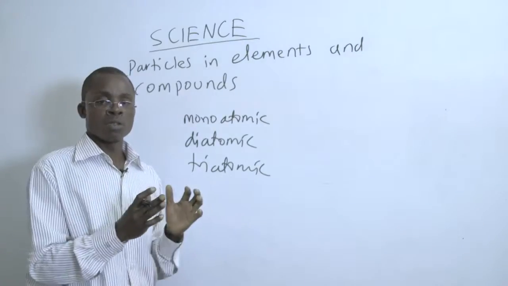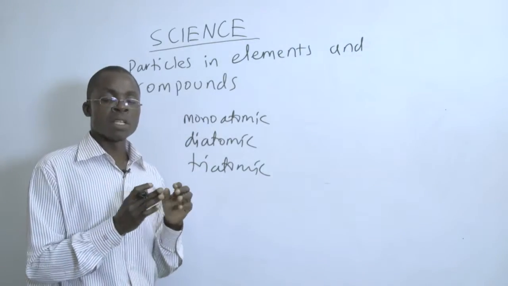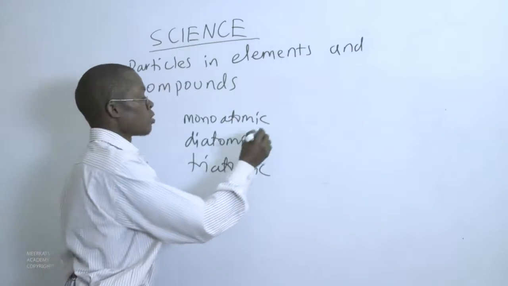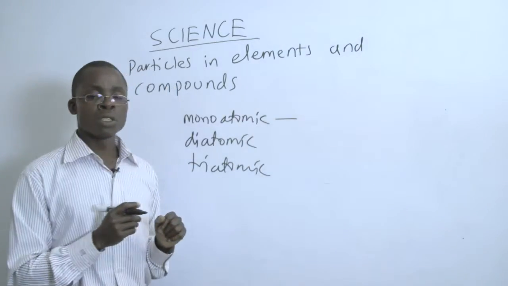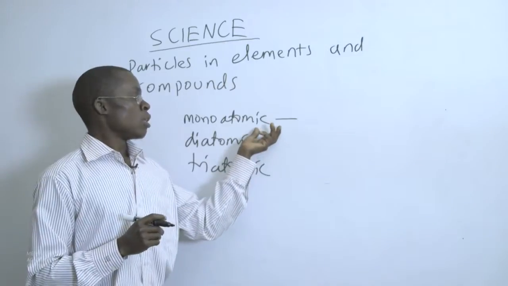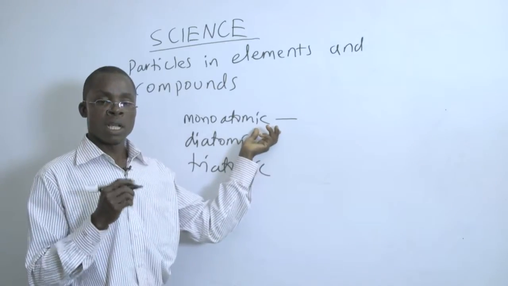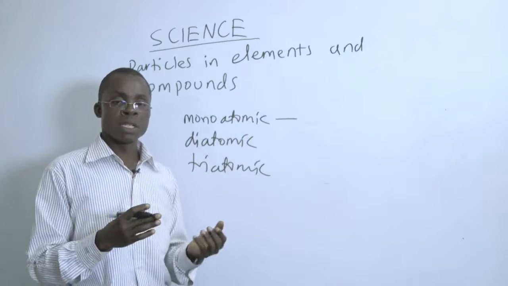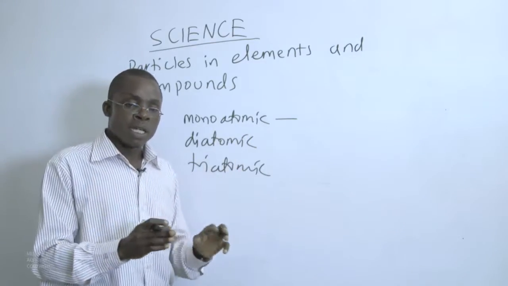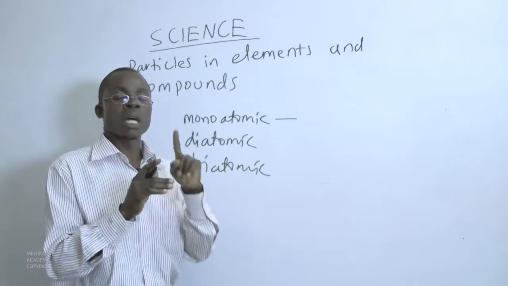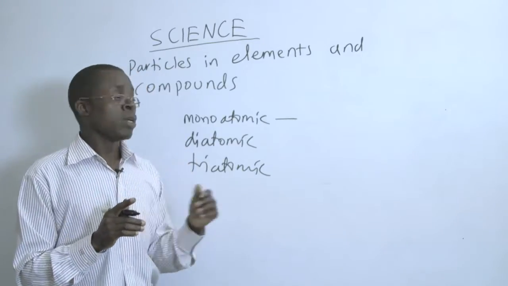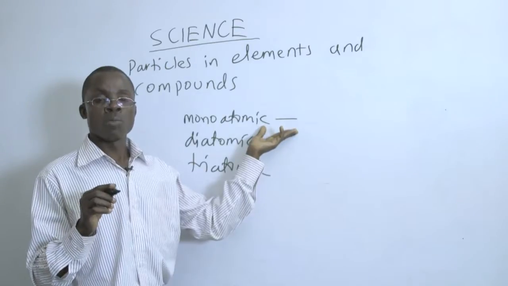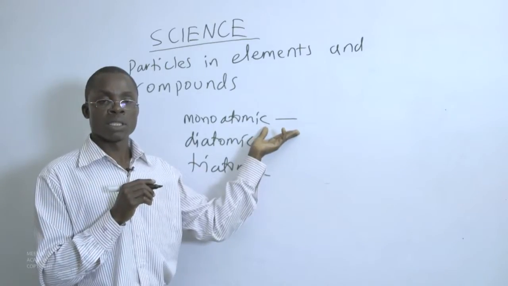This one only exists for those elements that do not react. So when they do not react, they will naturally exist just as single as they are. Such elements are the ones we call noble gases.